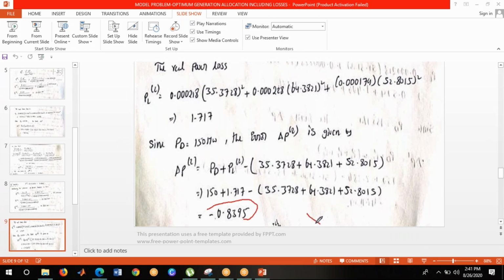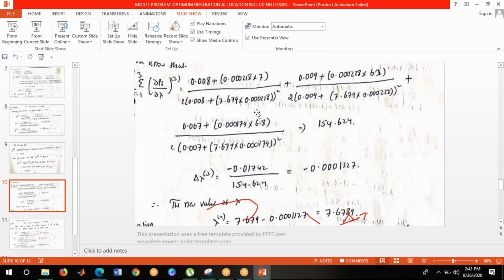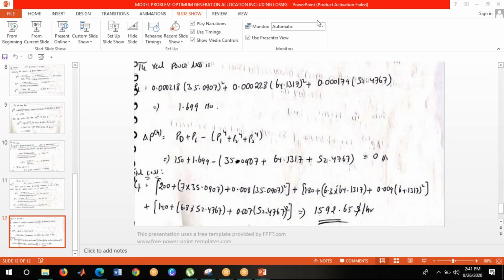So again you have to update the lambda value by using delta lambda. This is the updated lambda for the third iteration. Okay? So if you do it step by step like this, it will come. Just substitute the final values, and then you can get clarity on this.